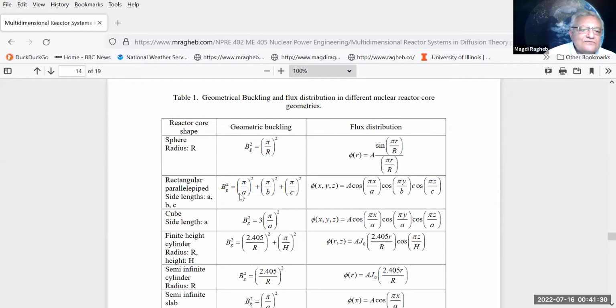And the distribution of the flux becomes a cosine in the x direction, a cosine in the y direction, and a cosine in the z direction.